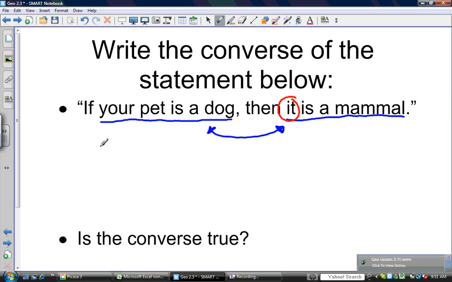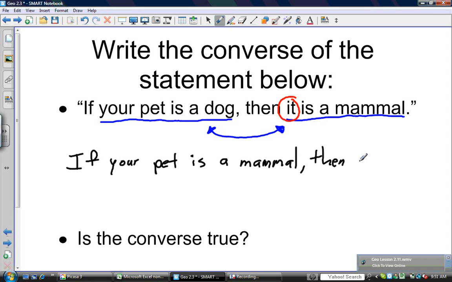So what we want to say for the converse, if your pet is a mammal, then now we can use the pronoun it. It is a dog.